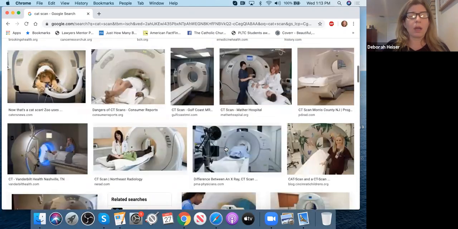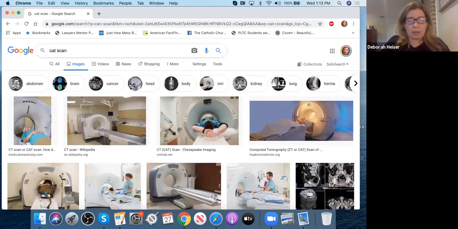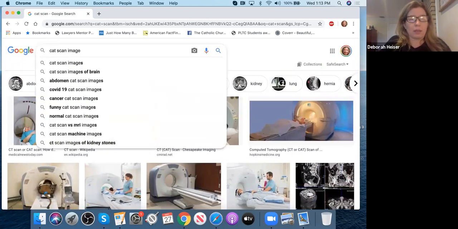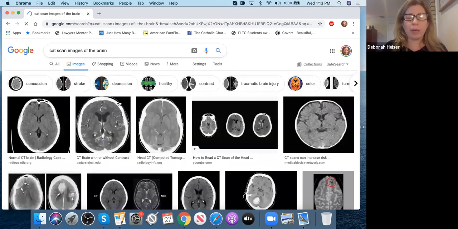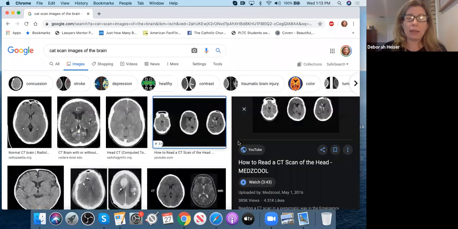Now, let me see if I can get the CAT scan images of the brain. Unlike the EEG that we saw, the output of which was lines, this right here is the output of a CAT scan.